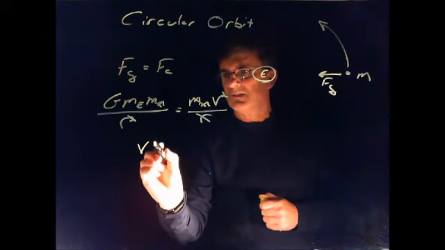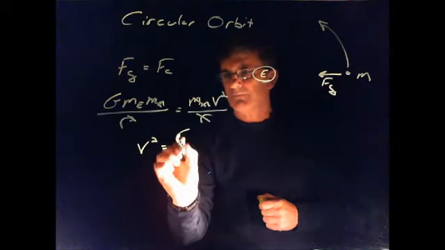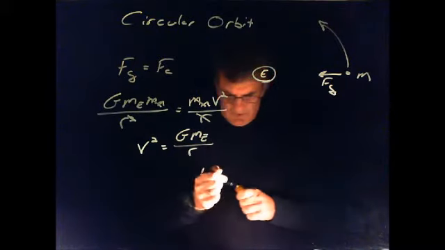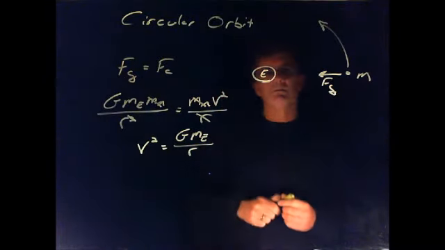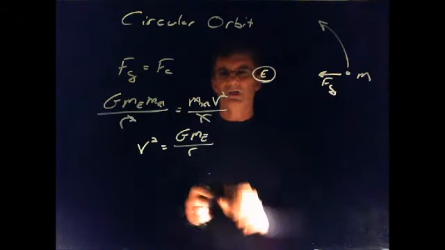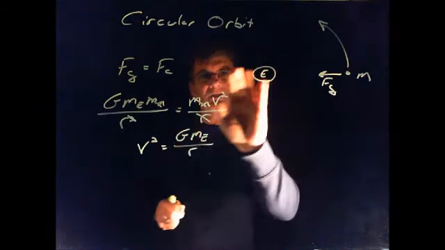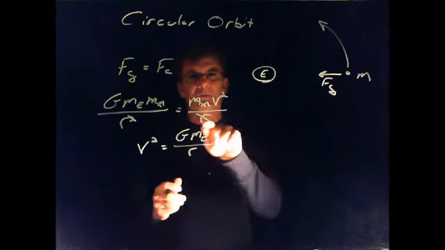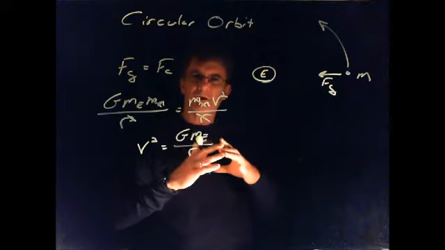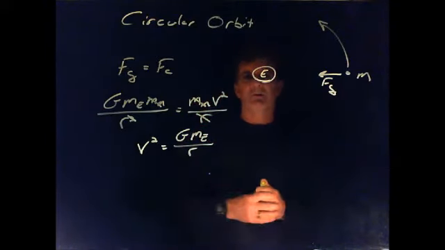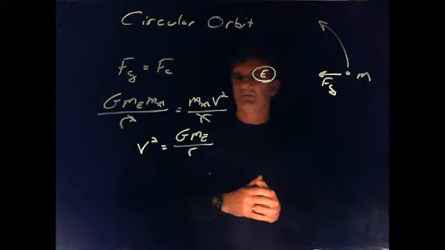The velocity of the moon, v squared, is G times only the mass of the Earth over r. The mass of the moon can double, its velocity won't change, and so the velocity of an orbiting object is dependent only on the mass of that center object and the orbital radius. That's all it's dependent upon. So that's kind of an interesting aspect.